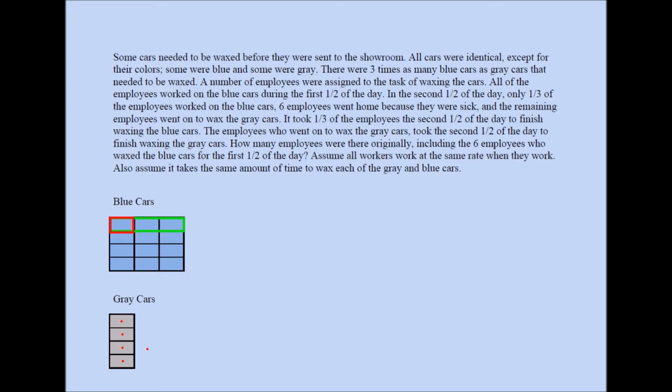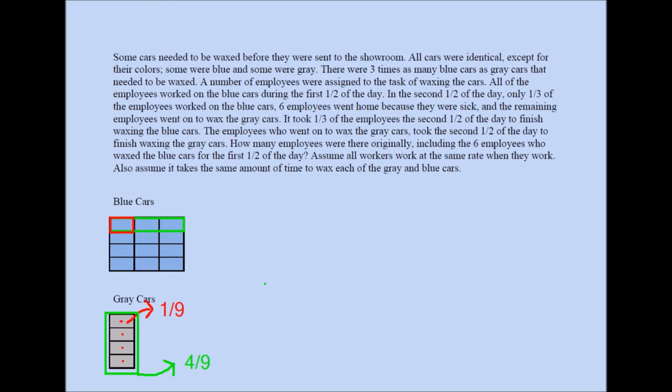These are the employees who worked on the gray cars for the second half of the day and they wrapped up. Now, this represents, again, as we have discussed, 1/9 of the employees. So the whole gray rectangle must represent 4/9 of the employees.